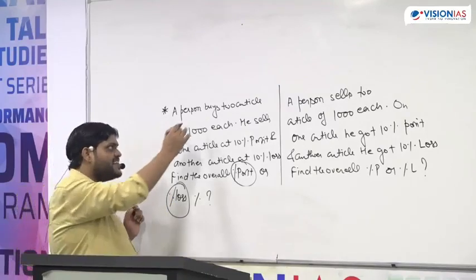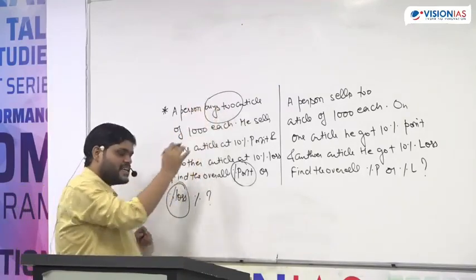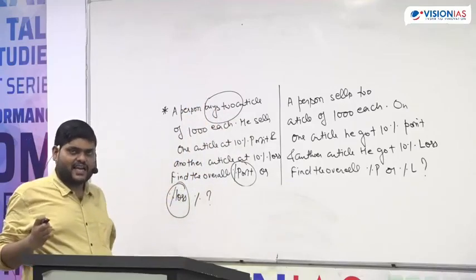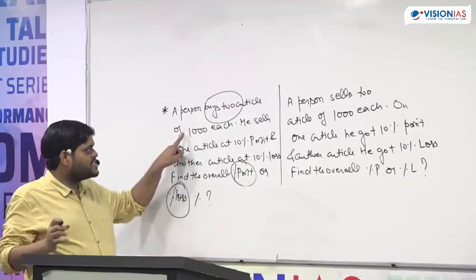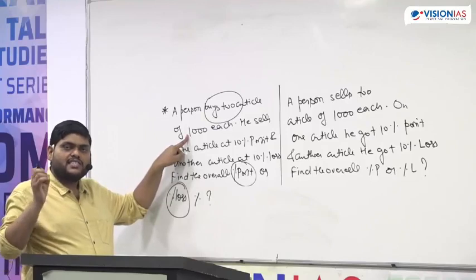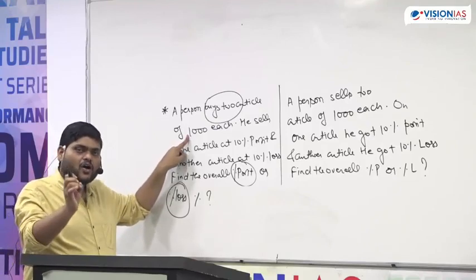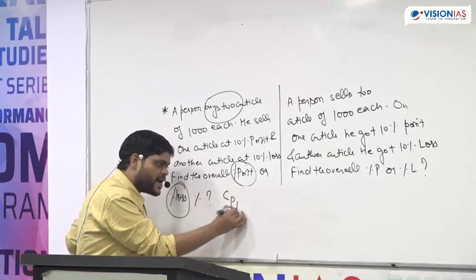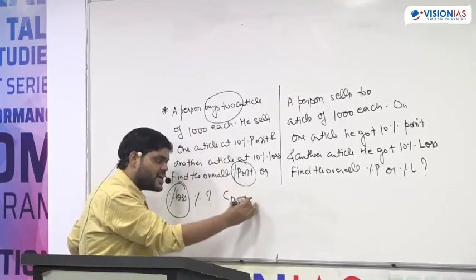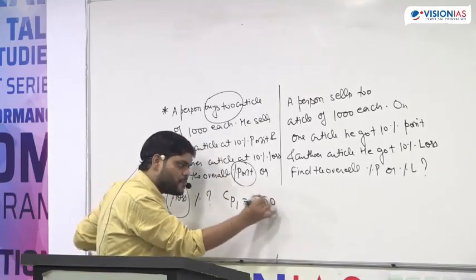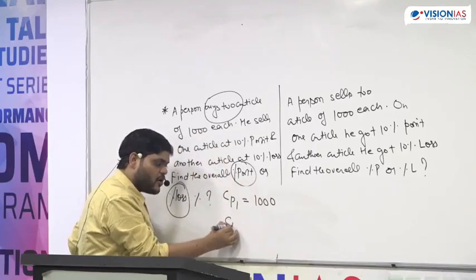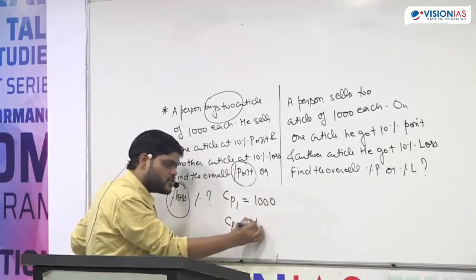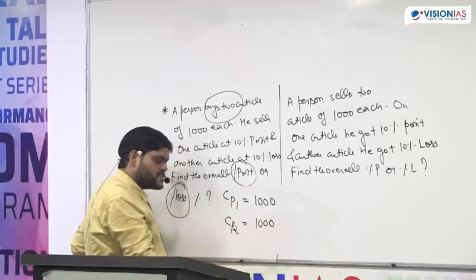When he is buying, he is not selling the article, he is buying the article. So for that person, this 1000 rupees is the cost price of the article. So the cost price of the first article is 1000 rupees, and the cost price of the second article is also 1000 rupees.